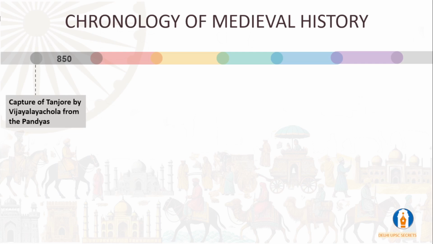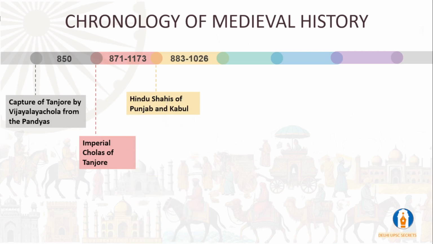So Vijayalaya Chola is the person who marks the beginning of that period. And in the same period, from 871 to 1173 AD, we have the imperial Cholas of Tanjore rising. Then parallelly, there was the Pala Empire under King Devapala in 880 AD.